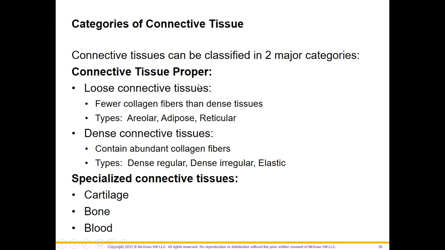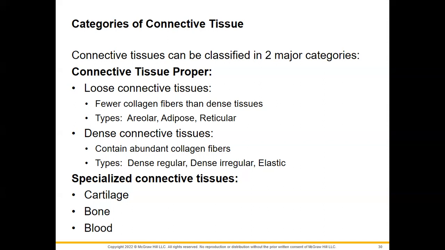Your loose connective tissues, well, before I get into that, think about those terms, loose versus dense. Dense implies that something is tightly packed together. There's a lot of stuff packed into a small space. Whereas loose, things are not as tightly packed. They're not as close together.